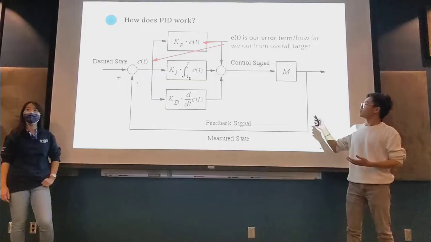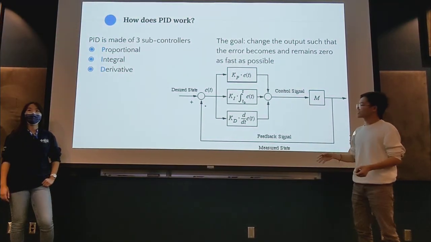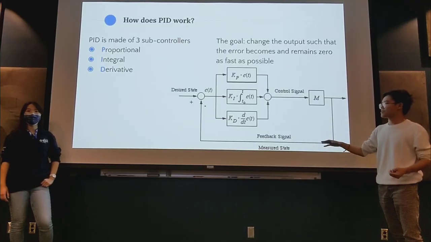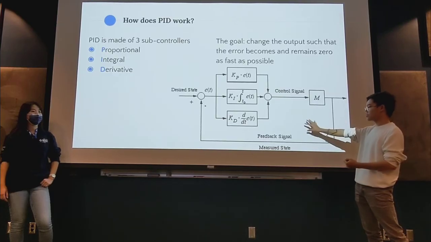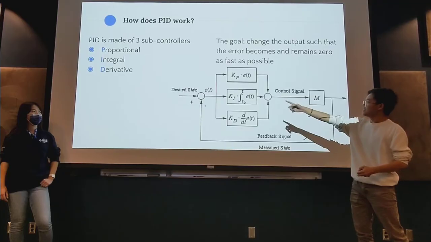Before we talk about what each of these blocks do, I'm just going to describe this diagram. You probably haven't seen a diagram like this before, maybe you have, but I believe most control systems use these diagrams. So you have your desired state, E of t.